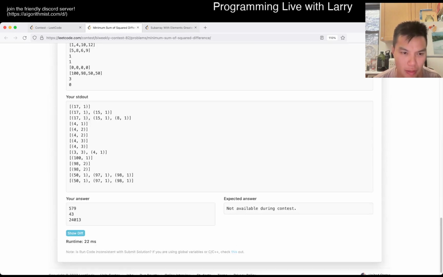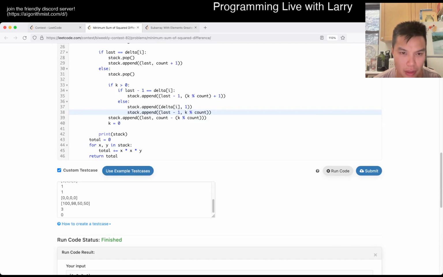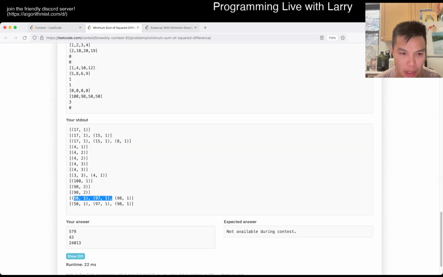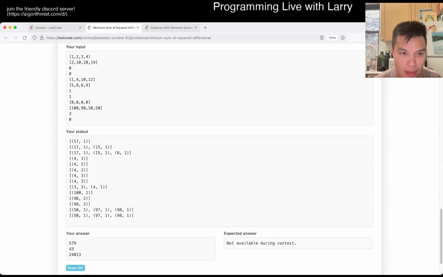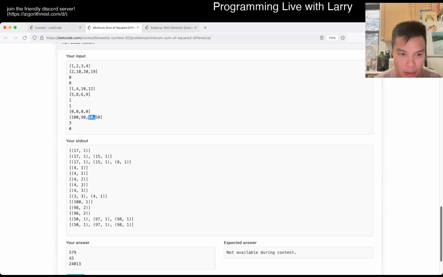Okay, I guess this is right, but why is this reversed from what I expected? Also, that's wrong, I think, because we have 50 times 2.